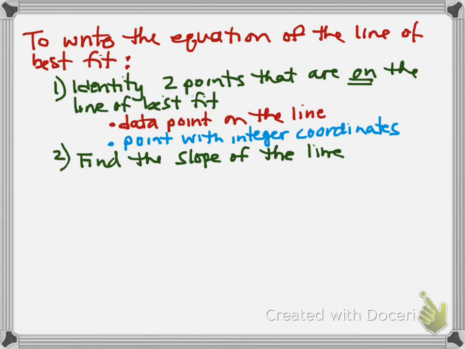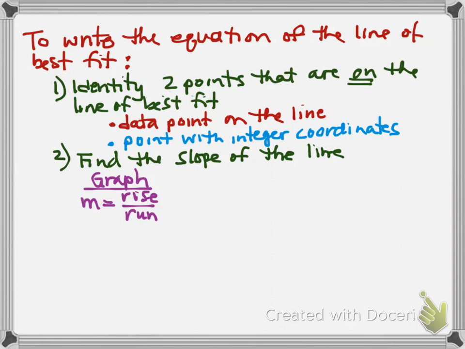You may have a graph, and you may have had to draw the line of best fit. So if you're given a graph, you can do rise over run to figure out your slope. How far did you rise from the bottom point to the top point? How far did you run from that position to the actual point? Okay, could be right, could be left.